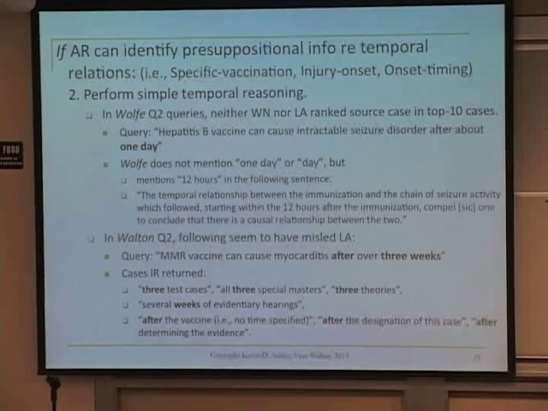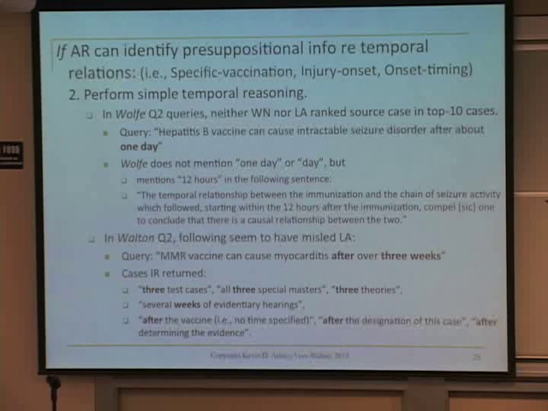If argument retrieval can identify presuppositional information regarding temporal relations, like the specific vaccination, the injury onset, the onset timing, then it could perform some simple temporal reasoning. So for example, in the Wolf Q2 queries, neither West nor Lexis ranked the source case in the top 10 cases.